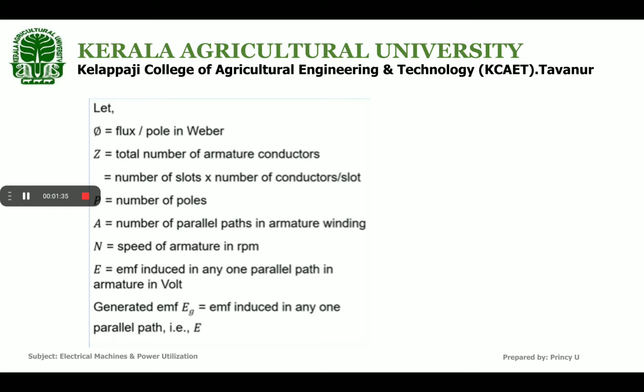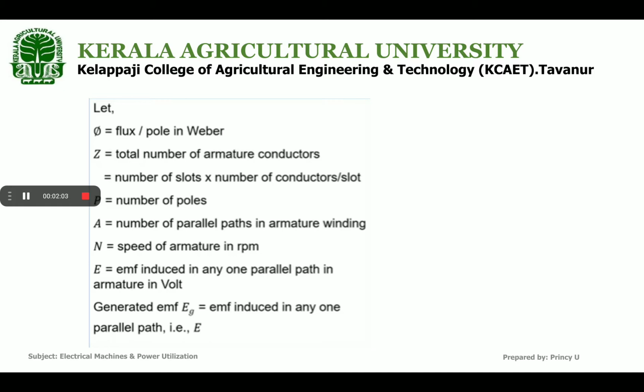P is the number of poles, and A is the number of parallel paths in the armature. In a wave wound generator, the number of parallel paths is only 2, and in a lap wound generator, it is equal to the number of poles. So A is equal to 2 for wave winding, and A is equal to P for lap winding.